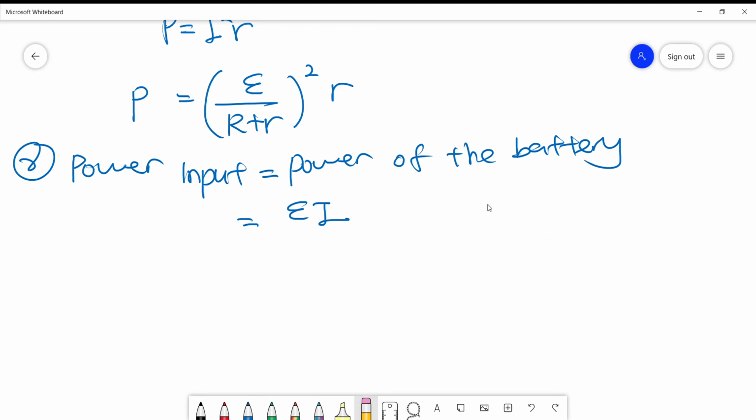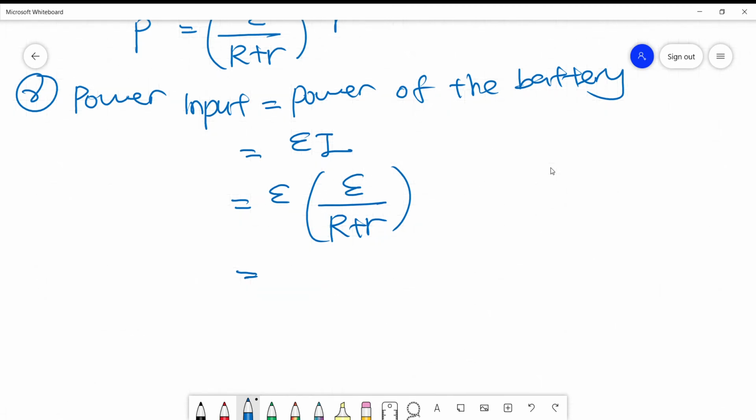The total potential difference initially comes from the battery, and hence we write it as the electromotive force, multiplied by the current. The current here is E divided by the bracket R plus r, and hence what I get for the power input is E squared divided by R plus r. So this is the second one.